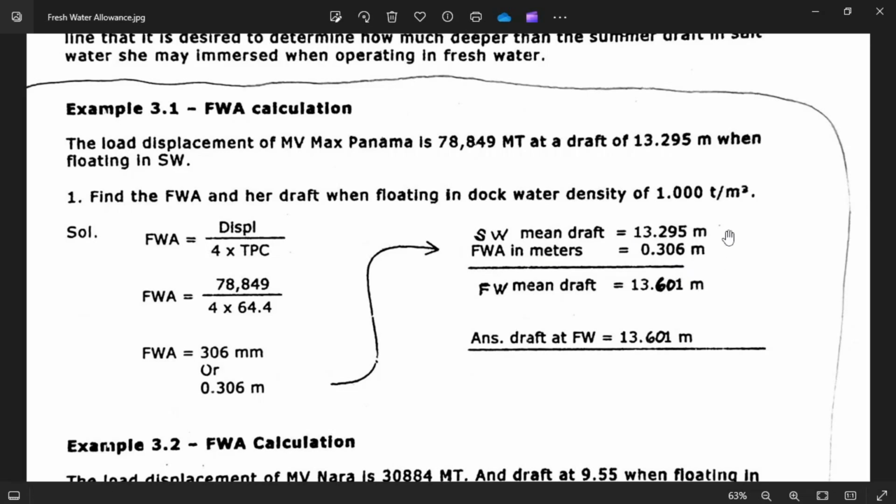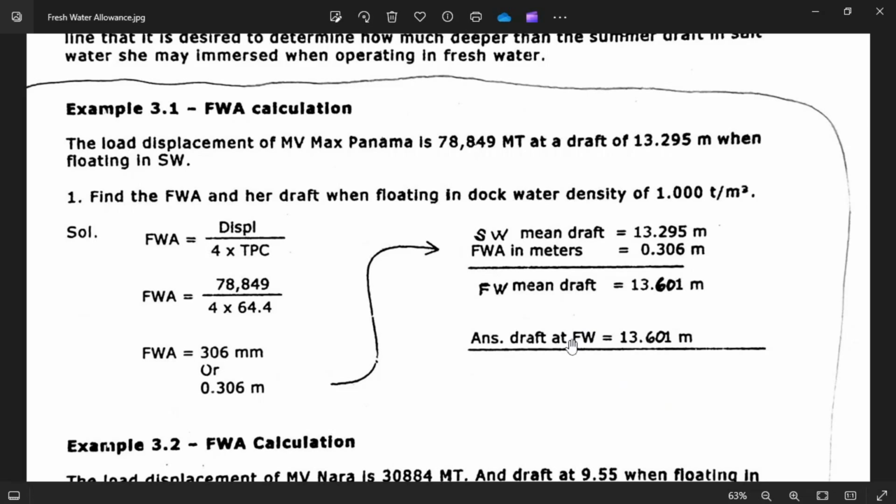Why? Because if you go to freshwater, the vessel's tendency is to sink. So the freshwater mean draft would be 13.601. So this will be the answer.